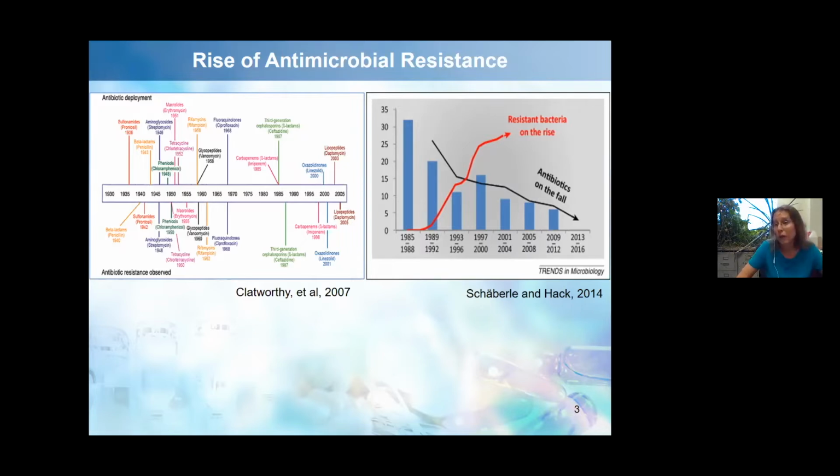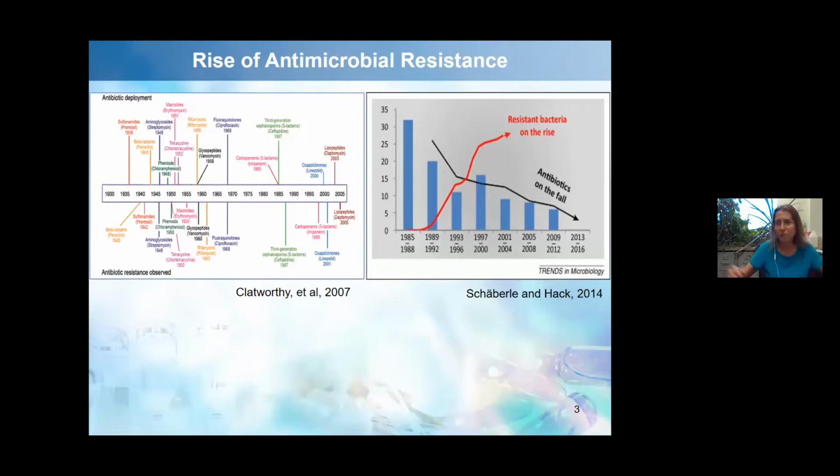It's also very expensive to develop a new drug, and then either bacteria will develop resistance if this drug is used widely, or this drug has to be used as a therapy of last resort, and then it's not profitable for the company. So these and other reasons led to the decrease in the production of new antimicrobials over recent years, as you can see, while the rise of antimicrobial resistant bacteria keeps occurring.